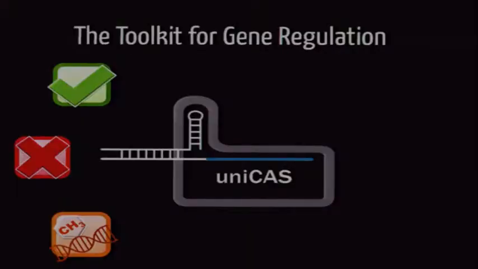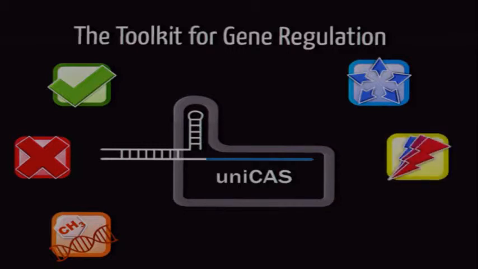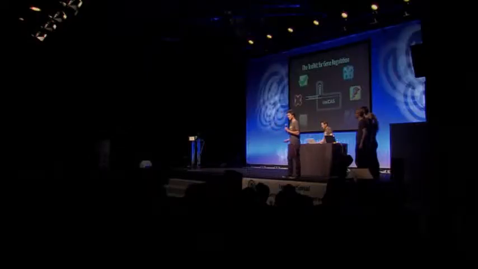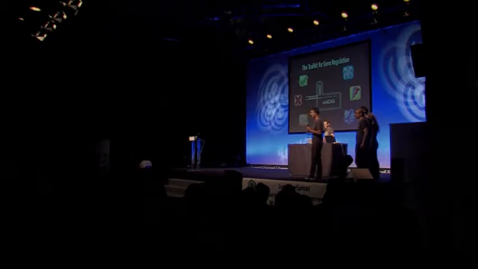On the other hand, also the Unicas repressor, as well as the Unicas histone modifier for downregulation. Our special joker, the Unicas RNAmer for multiple targeting at once. A remote control to induce your systems by different light stimuli. And last but not least, the UniBase to assess the DNA binding capacity of your Cas9 fusion constructs.